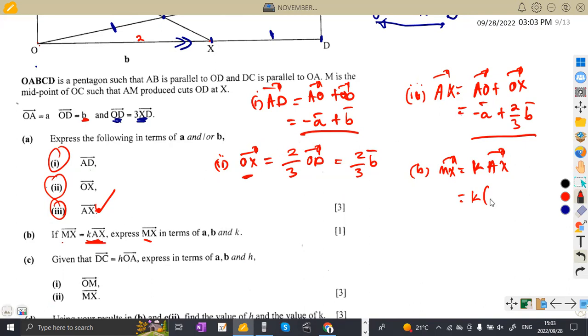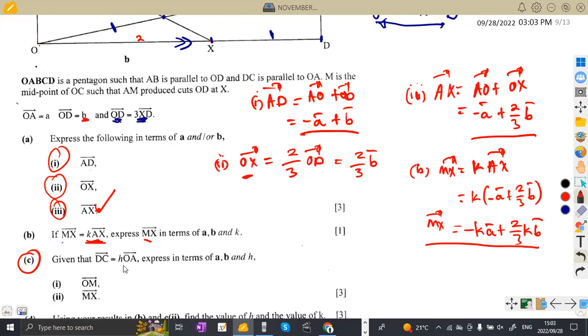Our vector AX is minus A plus 2/3 vector B. So we can multiply by K. K times minus A is minus KA. K times 2/3 B is 2/3 KB. Okay, so this is your vector MX. All right, so we are done with vector MX. Let us move on to another item, C.